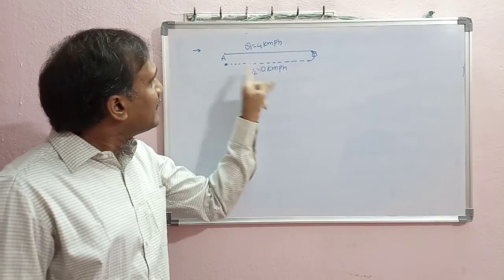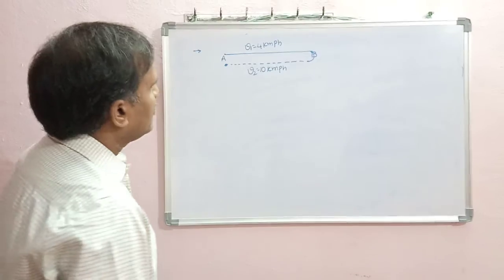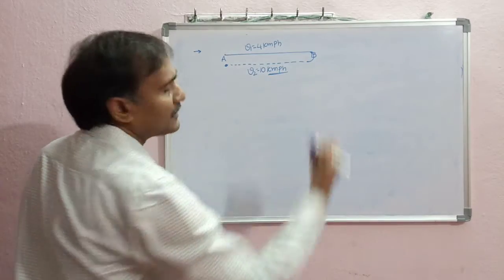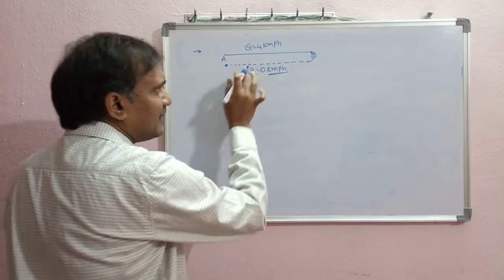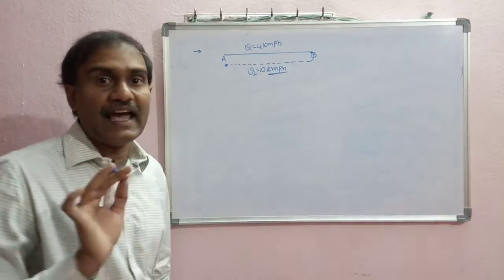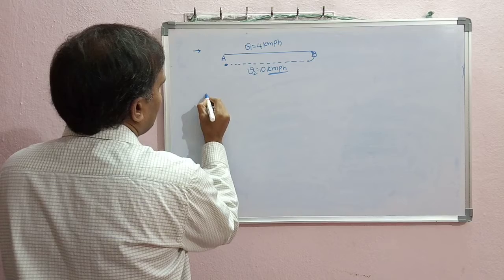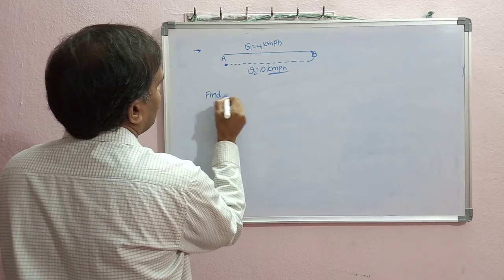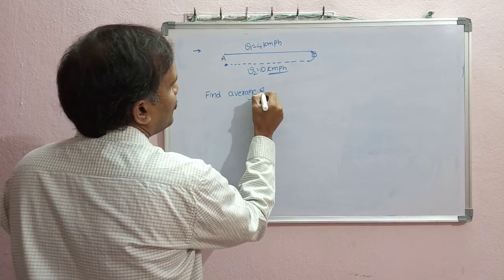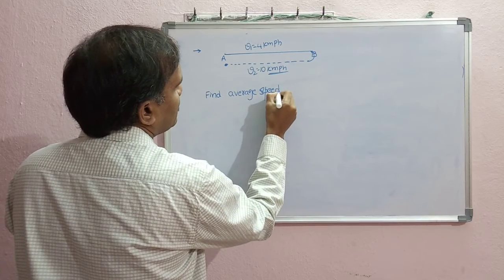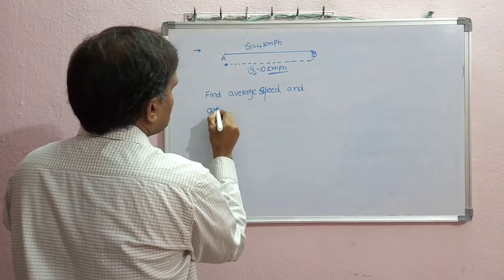B to A, his velocity is 10 kilometers per hour. Now, calculate his average velocity and average speed. Find his average velocity. First, you will find out the average speed and average velocity.